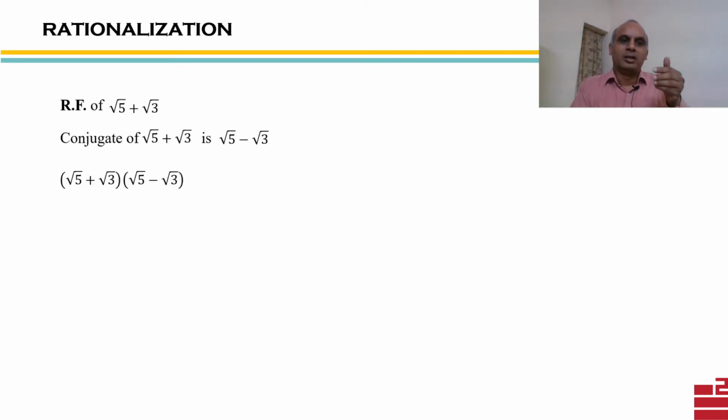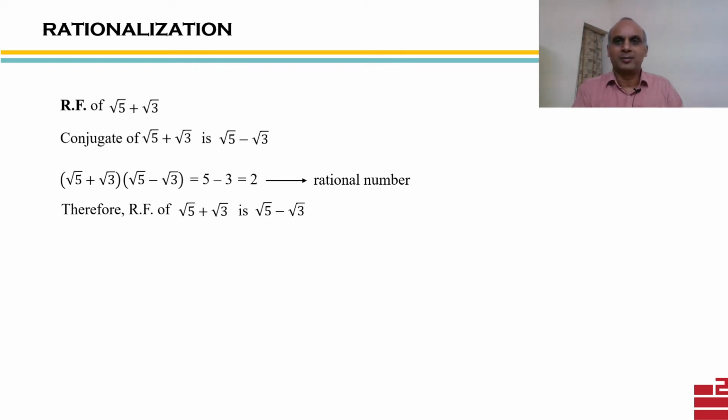So if you multiply these two numbers, the binomial surd by its conjugate, you will get a rational number. In this case, we get 2. Therefore, root 5 minus root 3 is not only the conjugate of root 5 plus root 3, but also it's known as the rationalizing factor of root 5 plus root 3. So therefore, RF is like this.